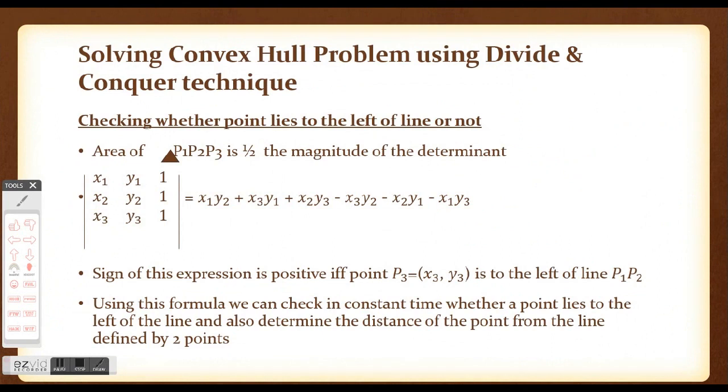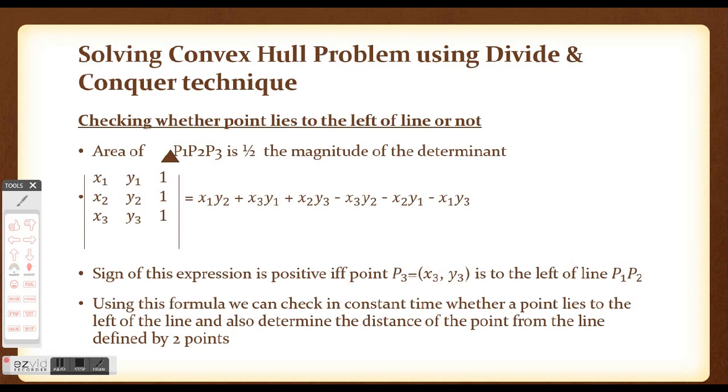So how do we find the P max point that maximizes the angle or that is farthest from the line P1 Pn? We use the formula to find the area of triangle P1 P2 P3. So here, using the determinant form of calculating the area, we arrive at this formula where x1 y1, x2 y2 and x3 y3 are the coordinates of the points P1, P2 and P3.